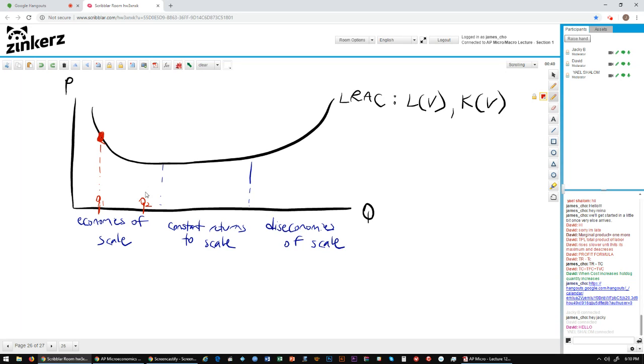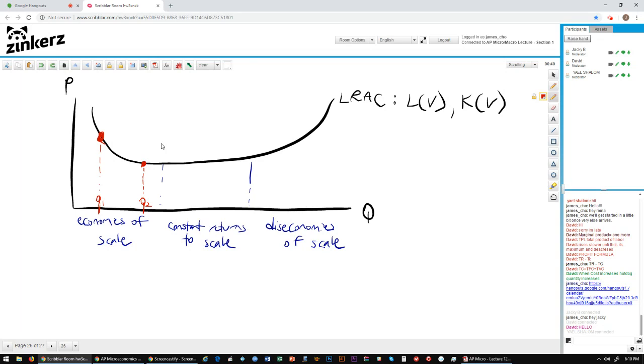It's extremely high. And here's the average cost for Q2. It's relatively low. So in economies of scale, it's actually better to be bigger. It's better to produce a lot. Because as you produce more, your total cost will go up, but your average cost will start going down. I'll show you an example of that in a minute.